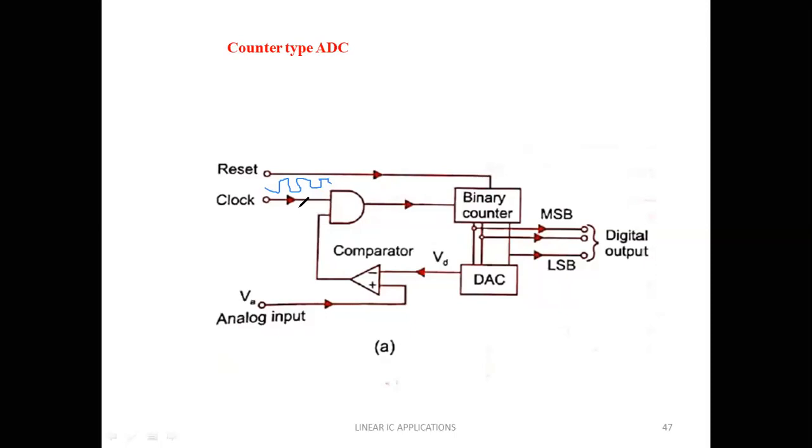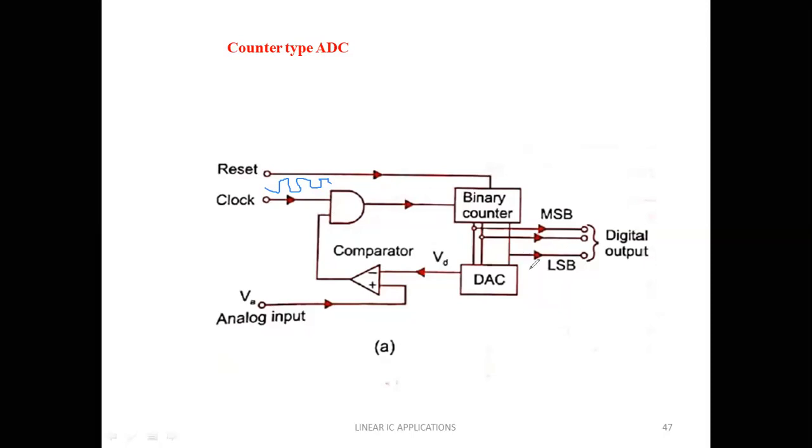Meanwhile, I will also explain: initially, we have to press the reset. Why? Because if there is any count initially, that will be reset to 0. So at the start of conversion, first we have to press the reset button. Before explaining the operation, we'll see the complete working principle of this one.